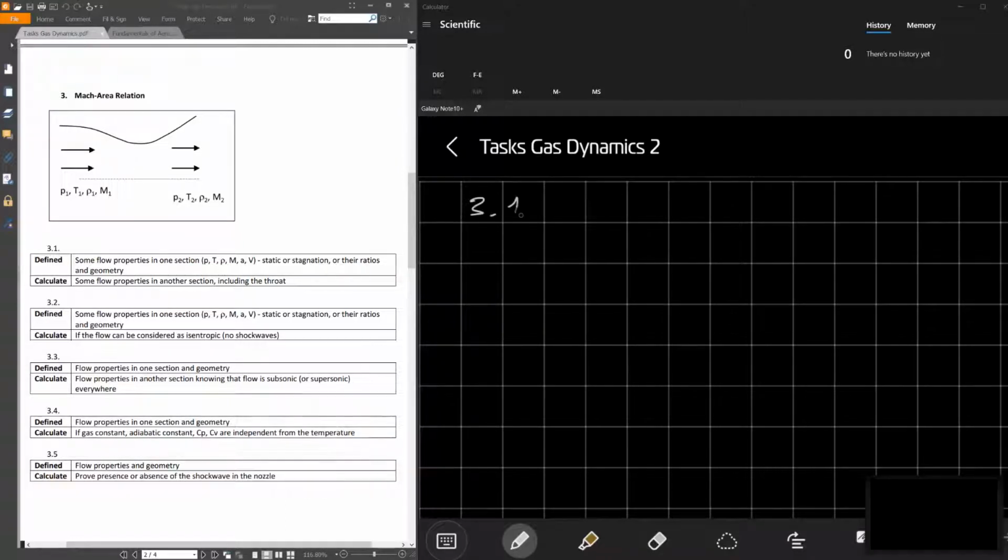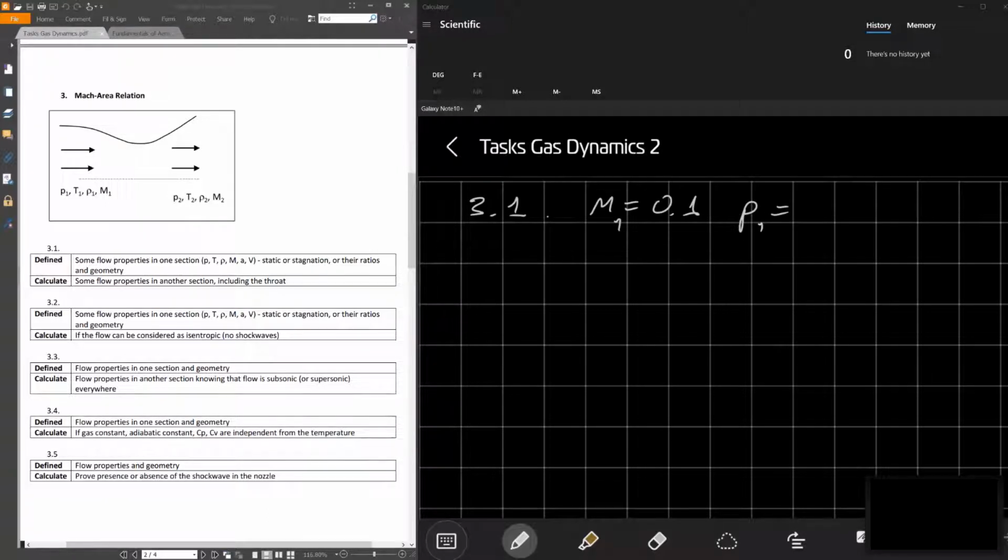So 3.1, I will define subsonic Mach number 0.1, for example, and I will define also pressure at section 1.